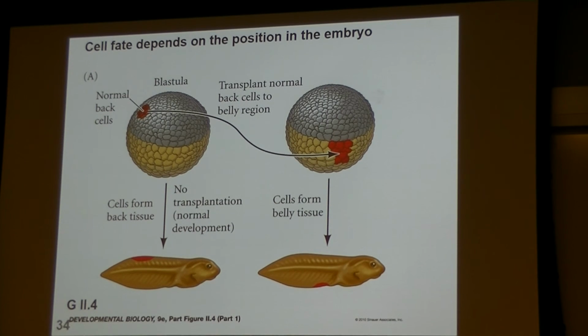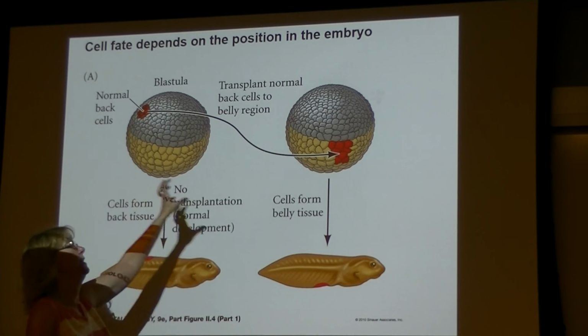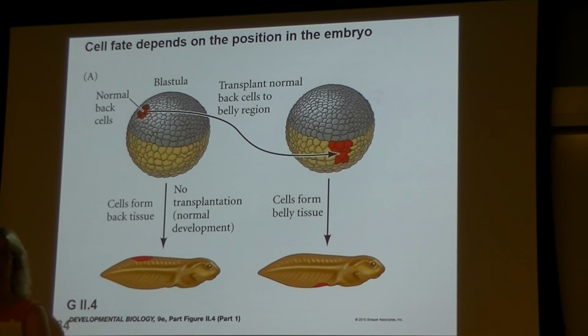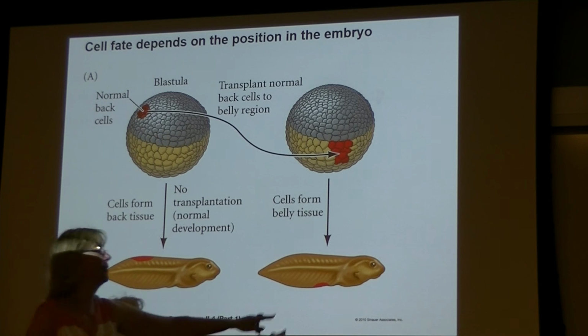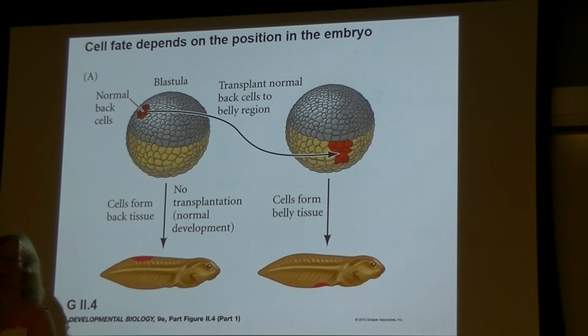But with regulative development, since there's so much interaction, feeling your way, talking to your neighbors, working it out together, if you do this early and you move these cells to a new location, they can change their fate and will adopt the location based on the neighbors that they have and the new position that they have, and become an entirely different piece of body in the adult or larval organism compared to what they ordinarily would have become.